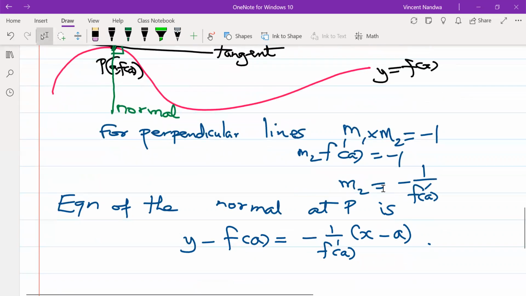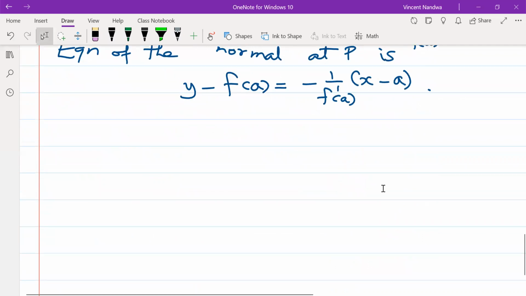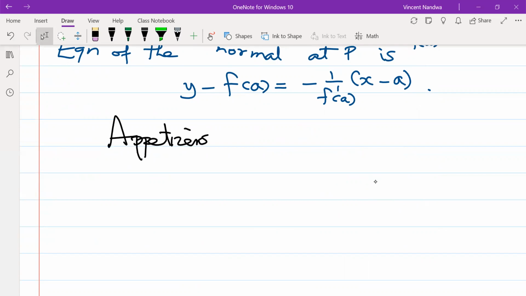Good. So let's now do examples on how to find derivatives from definition or from first principle and see how to compute equations of tangents and normals. So let me call them exercises.